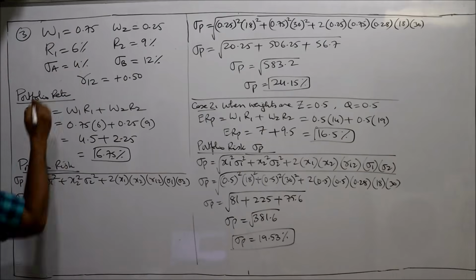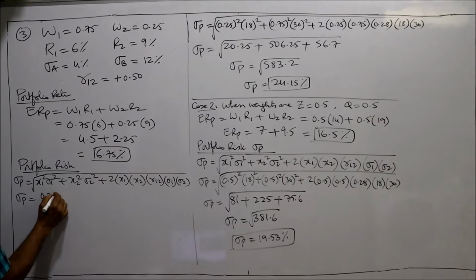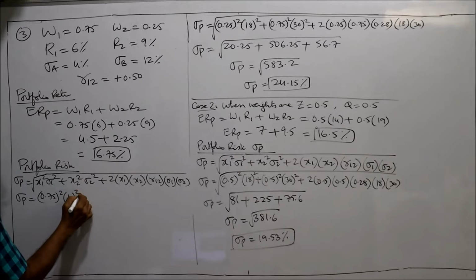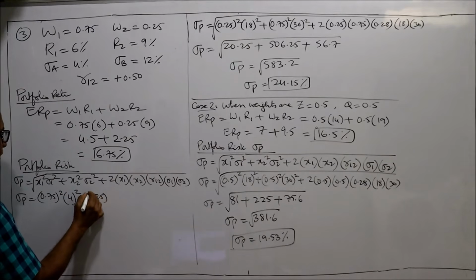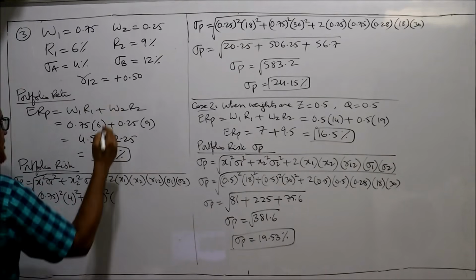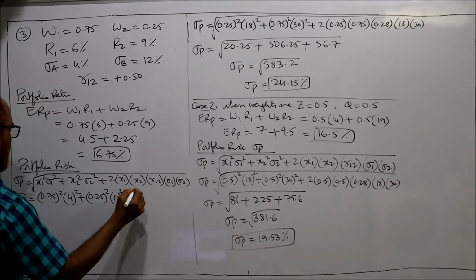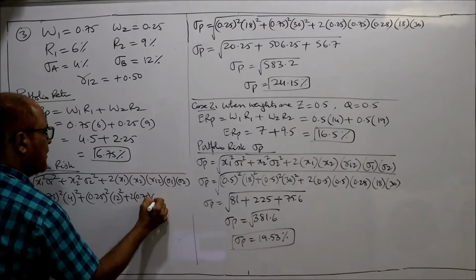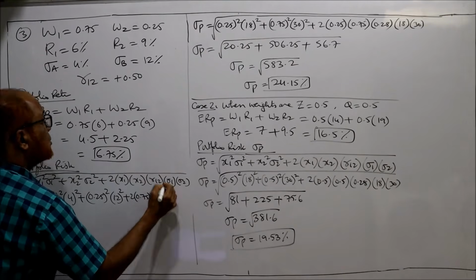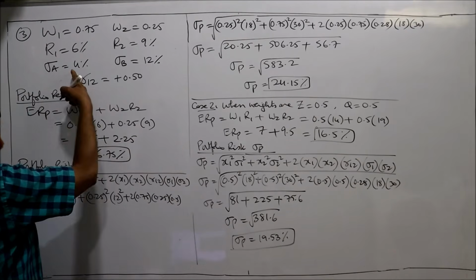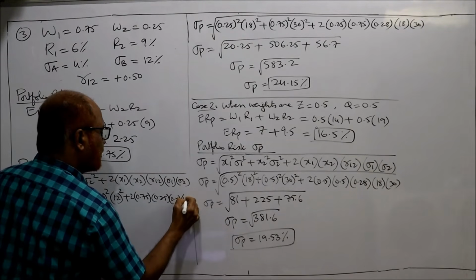What is the weight of the first security? 0.75. 0.75 square into standard deviation 4 square, plus 0.25 square into standard deviation 12 square, plus 2 into 0.75 into 0.25 into correlation coefficient 0.5 into standard deviation 4 into 12.